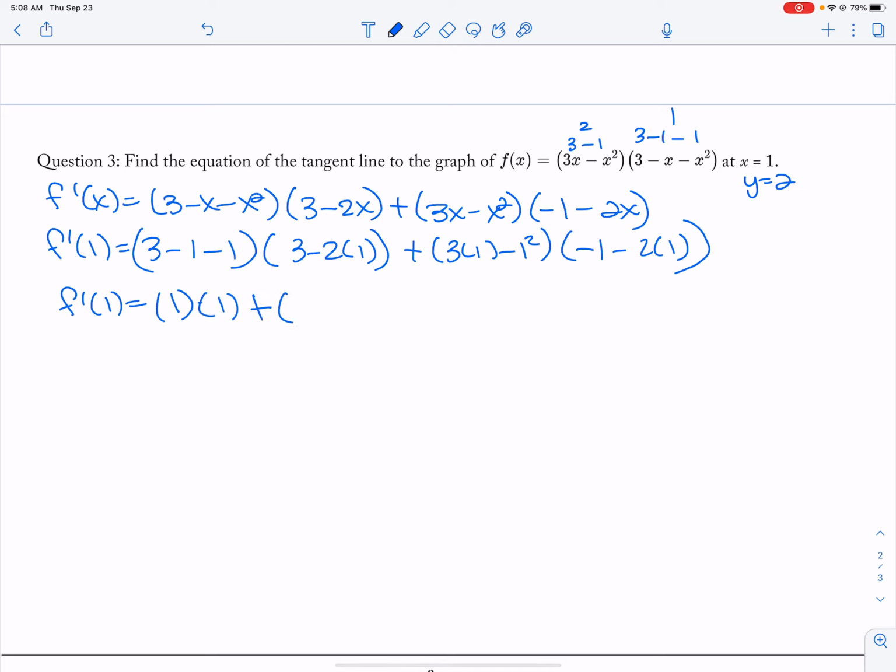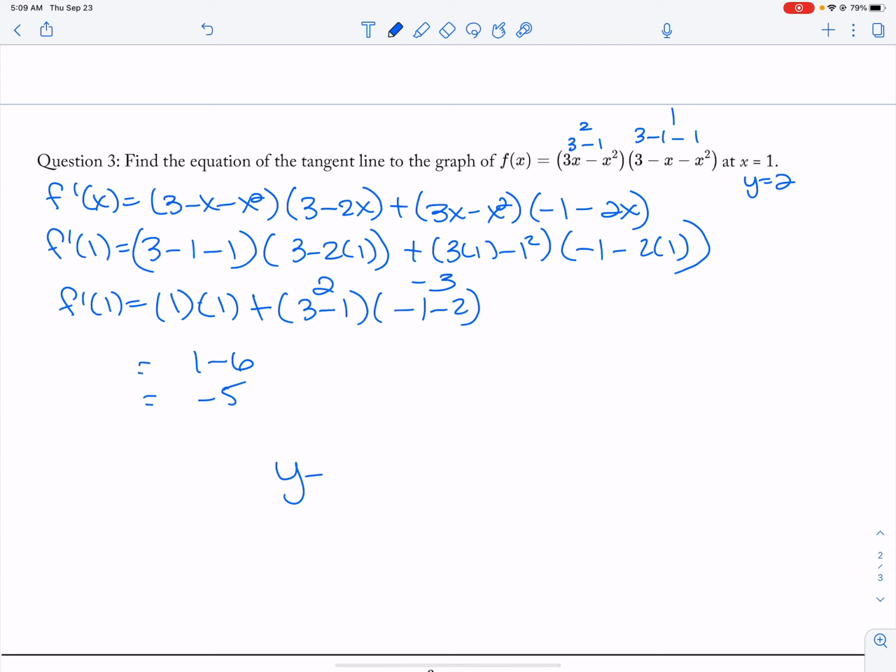And then I have 3 minus 1. And then I have negative 1 minus 2. So then this is 2 times a negative 3. So I get 6, just kidding, negative 6, so 1 minus 6, which is negative 5.